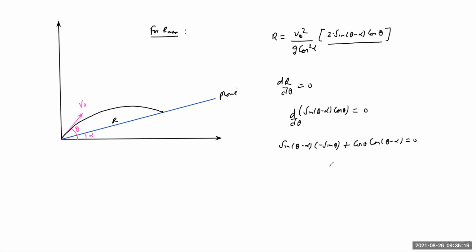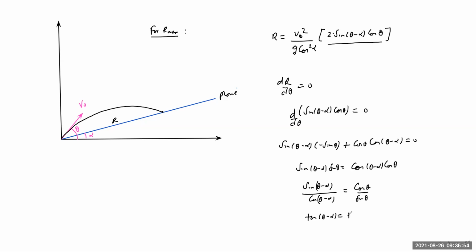So what you can see is that sine theta minus alpha into sine theta is the same as cos theta minus alpha into cos theta. If I bring sine theta across, it equals cos theta by sine theta. The first term becomes tan theta minus alpha, but the second term is cot theta, right?